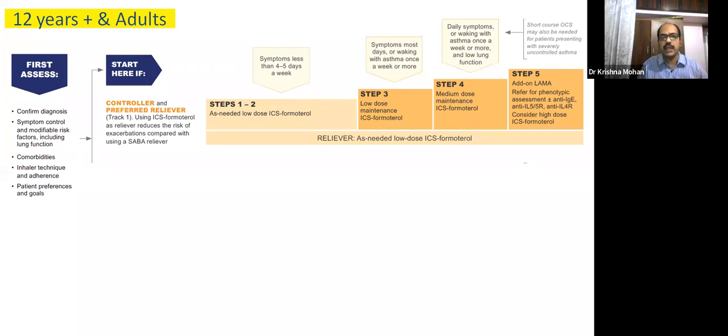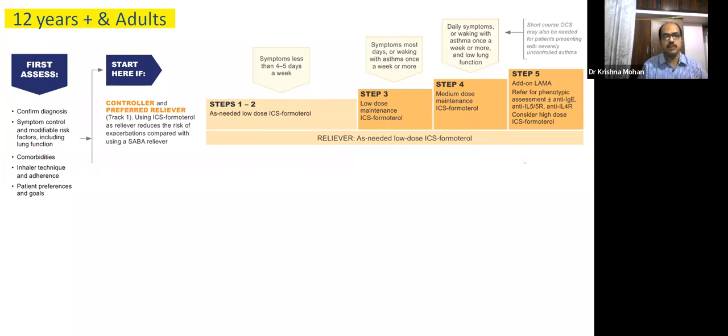So for track 1, for step 1 and 2, that is when symptoms are less than 4 to 5 days a week, for a mild case of asthma in the age group 12 years and adults, what is advised is as-needed low dose inhaled corticosteroid-formoterol.